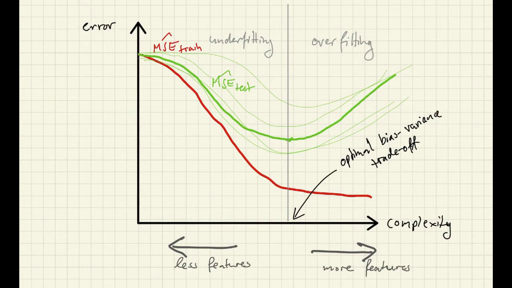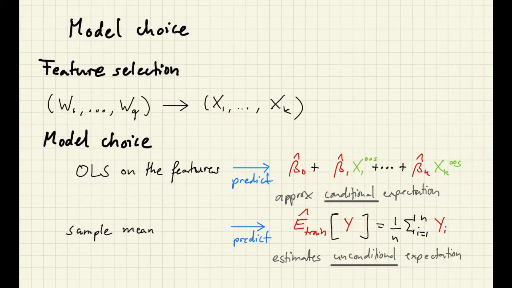So in other words, OLS is typically low bias, high variance, and the sample mean typically underfits. It has a high bias but a low variance. Let's write this down. OLS has low bias, high variance, and the sample mean has high bias, low variance.